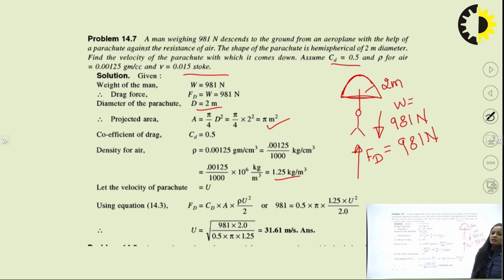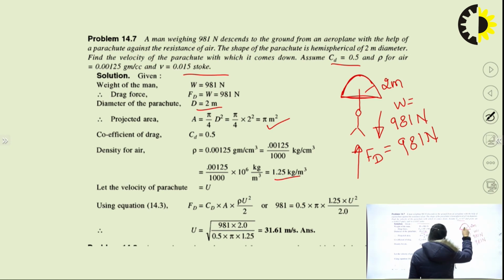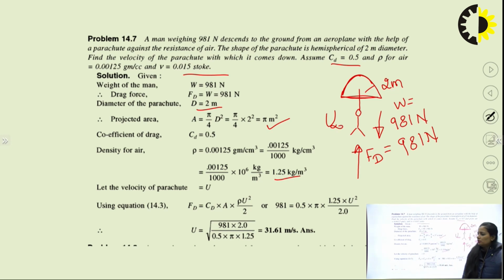Let us suppose the velocity with which that particular man is going down is u or u infinity, whatever you want to take. Now just apply it in the formula FD equal to CD, area, rho u square by 2. Here FD equals W, which equals 981.